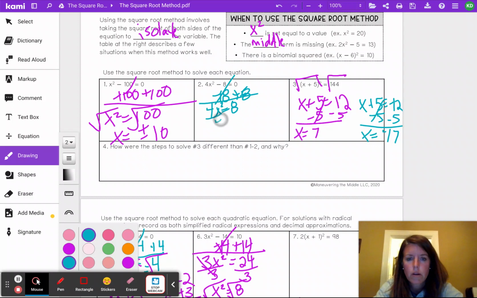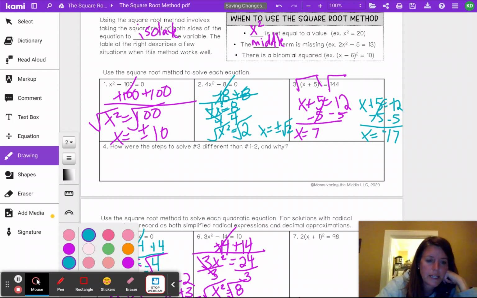Divide by 4, x squared equals 2. Square root both sides. And 2 isn't a perfect square. So how you would leave that as an answer, it's just x equals plus or minus square root of 2. There aren't any factors where you can break that down and simplify that expression.